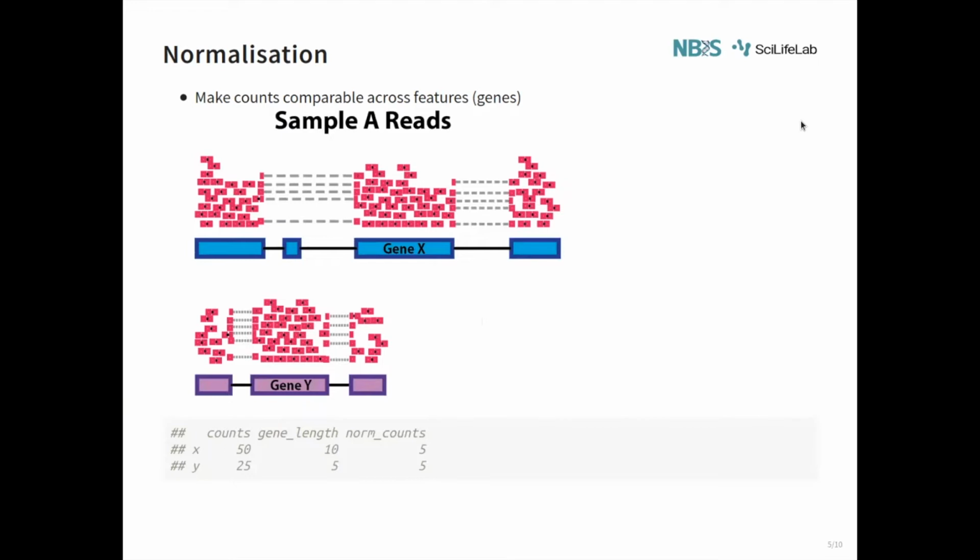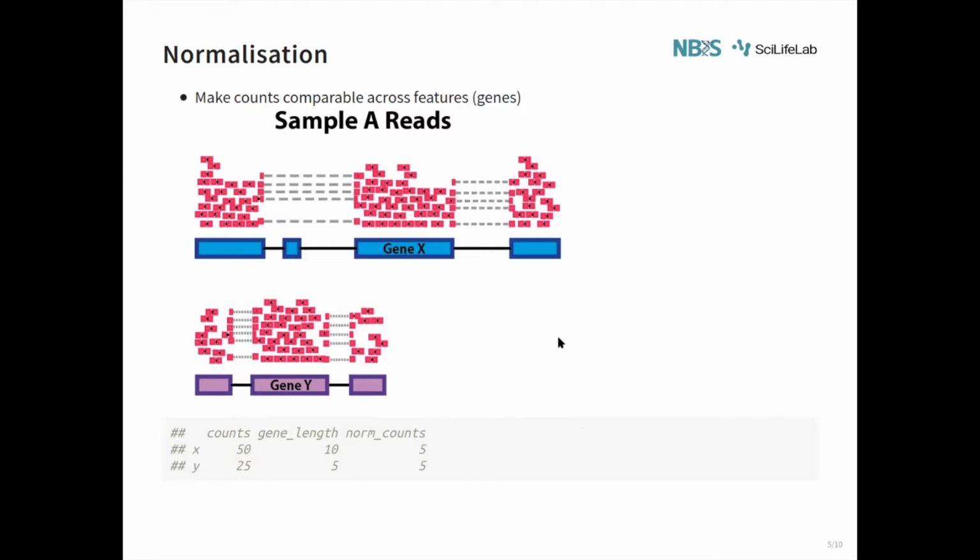If you do need to compare one gene to another, then you need to control for gene length, because longer genes tend to produce more reads than shorter genes. Controlling for gene length is basically just taking your reads and dividing by the length of the gene. That's it. This is again theory, and in practice there's a bit more to it, and we will look at some examples later.